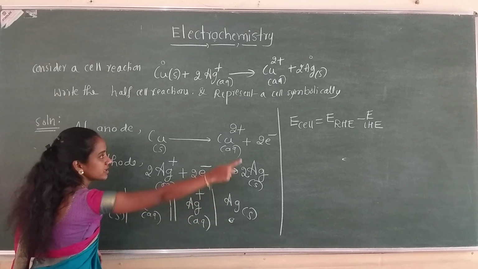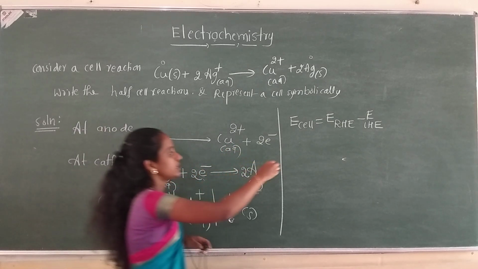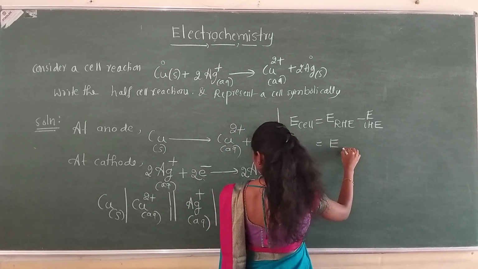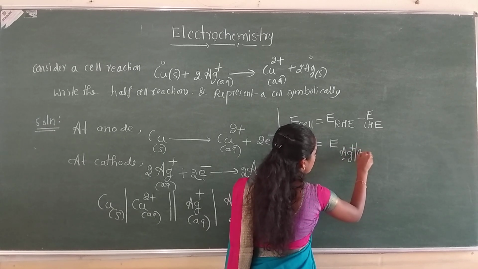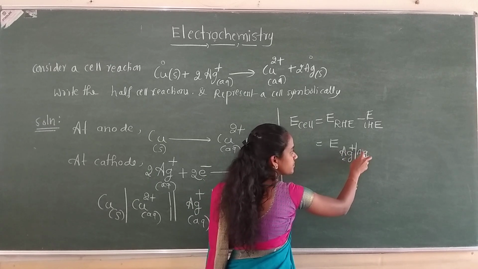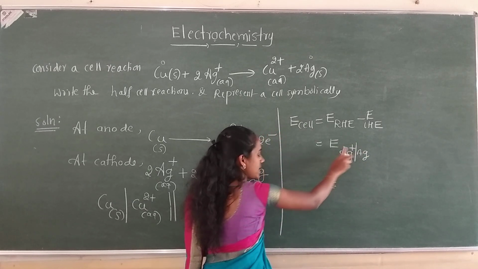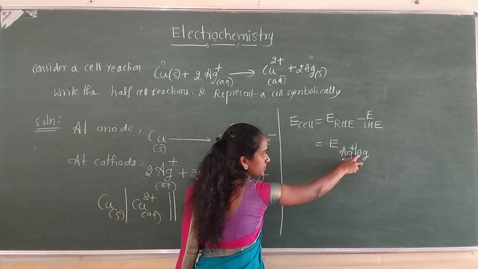So, instead of electrode potential of the right hand electrode, I will write like this, the electrode potential of the silver electrode. I will write Ag+ vertical line Ag. If you write like this, this indicates that reduction occurs. Ag+, with the addition of an electron, will be reduced to Ag.